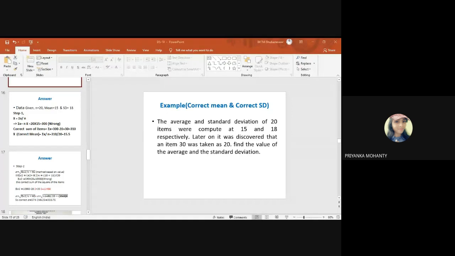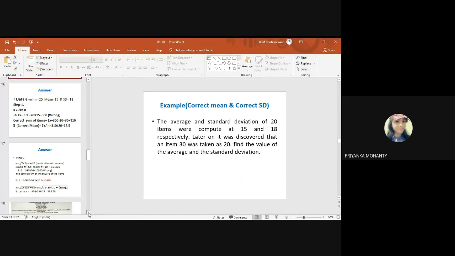Alex Nice, your answer is correct. Move to calculate the next one, the correct standard deviation. Pritam Yadav. Nepali, your answer is correct. Moving to the next one.